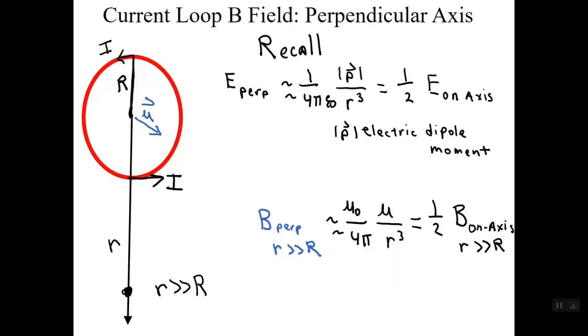You'll find that the magnetic field at this observation location points like this. Notice the magnetic field is pointing in the direction opposite to the direction of vector mu. This is a general result for magnetic dipoles. On perpendicular axes of magnetic dipoles, the magnetic field points in the direction opposite to the vector magnetic dipole moment.